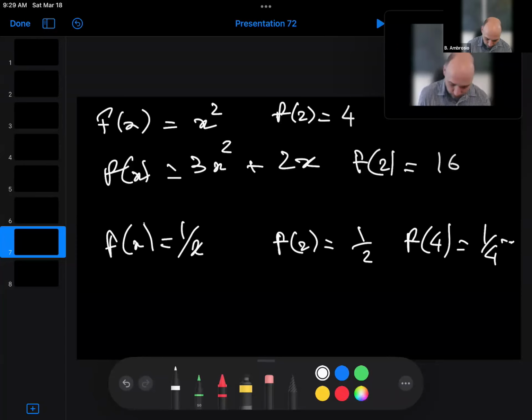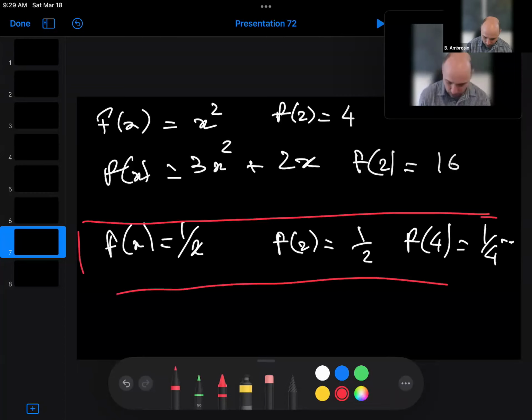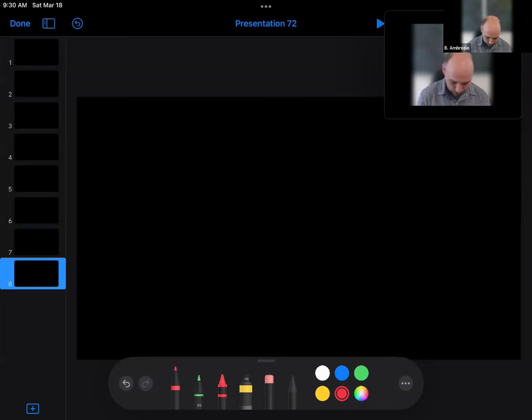We will come back to this function right now for the introduction of limits, but I also wanted to talk about the representation. So this is my two representations.